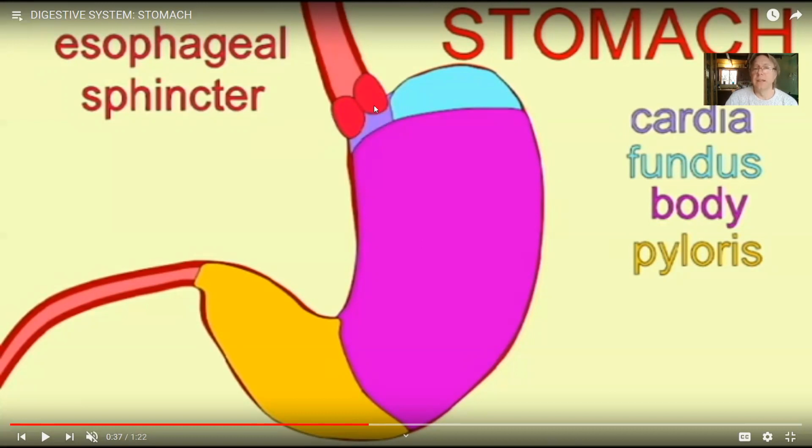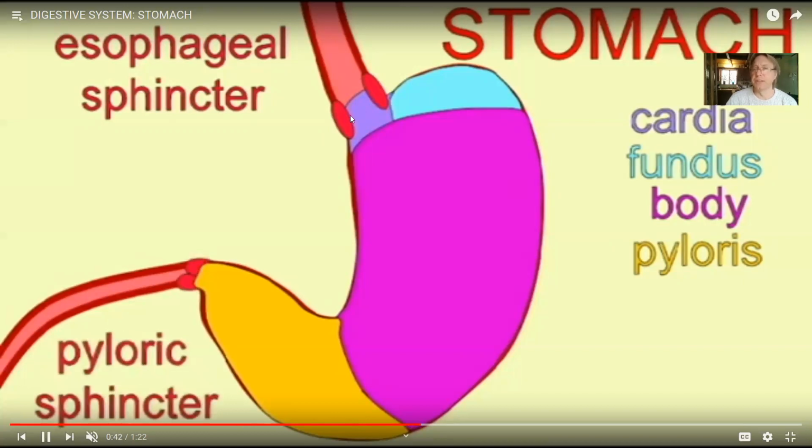In the same way, the GI tract has muscular thickenings known as sphincters, which control movement. So essentially, this is the entrance door to the stomach. Nothing comes into the stomach until this door opens, until the sphincter relaxes to allow food to pass from the esophagus into the stomach. That's the esophageal sphincter, sometimes called the gastroesophageal sphincter.